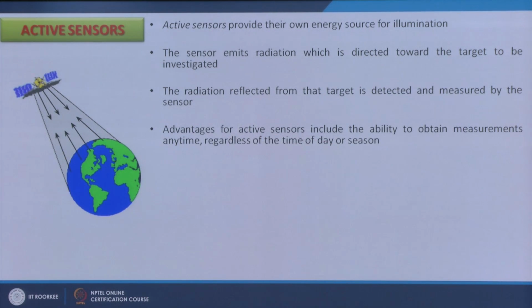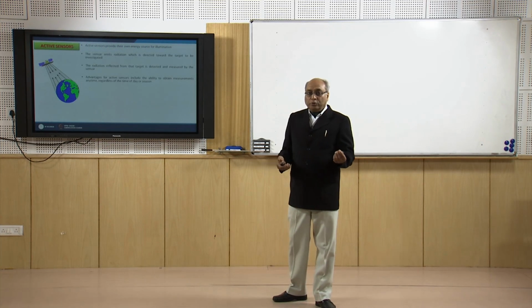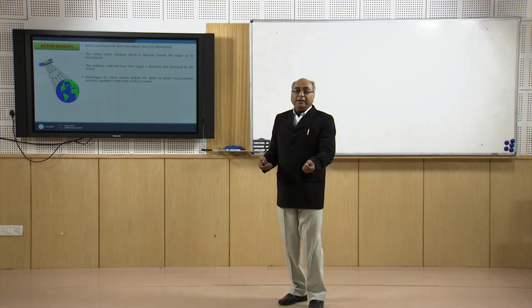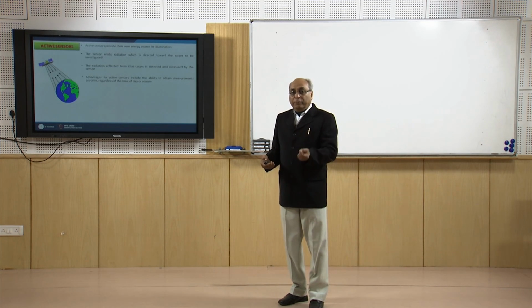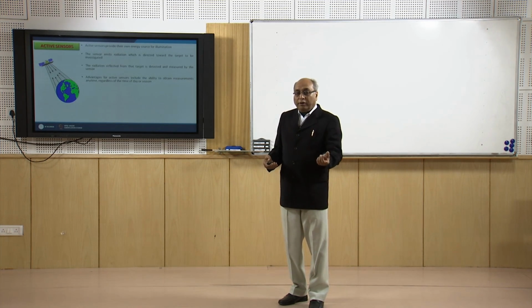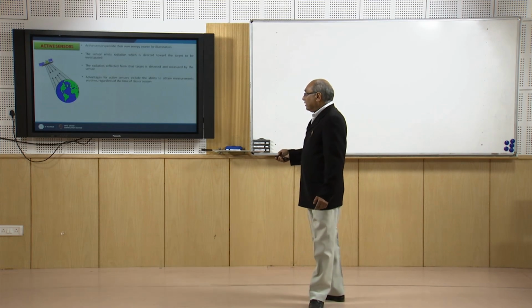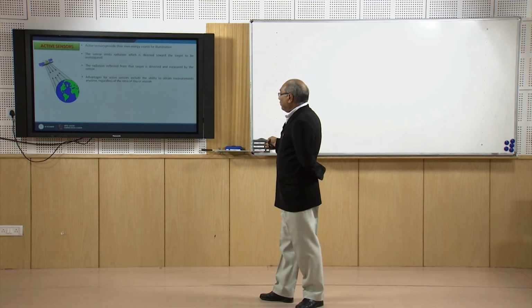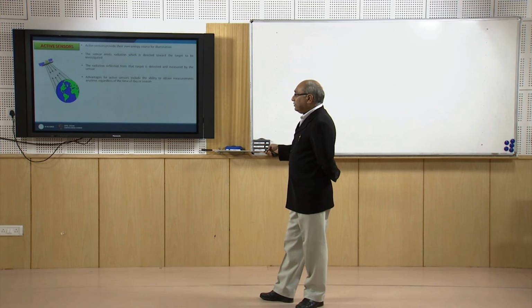Advantages of active sensors include the ability to obtain measurements anytime, because the energy source is in your hands. Whenever you want to measure, you send the pulse, and whenever it returns, you record it and measure the distance. So that is the advantage: the ability to obtain measurements anytime, day or night, regardless of time of the day or season.